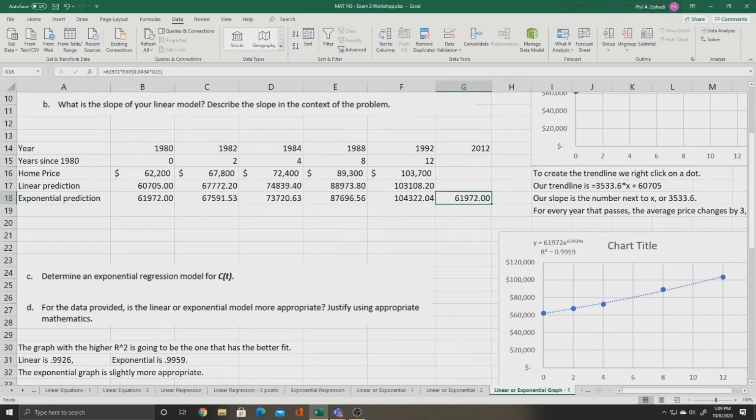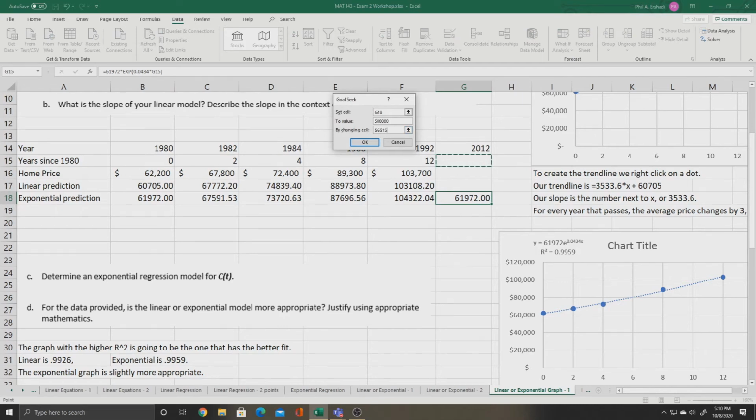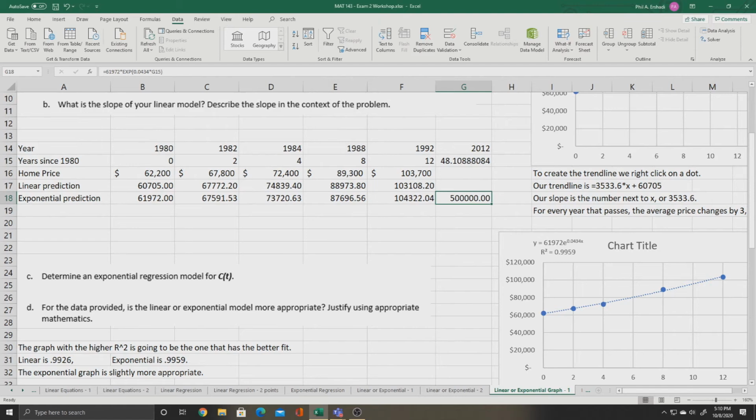So if your Excel throws an error when you try to goal seek it, go ahead and just clear the X value out and try again. Goal seek to 500,000 by changing this cell right here. And Excel gives us a value of 48.108.